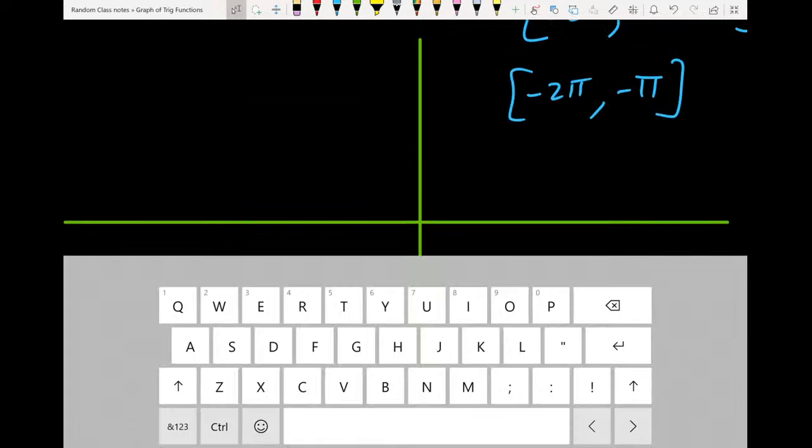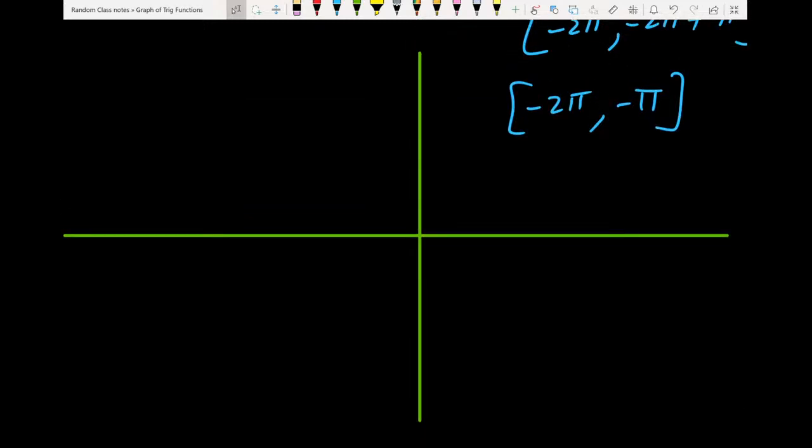Righty then. So it starts at where, guys? Negative 2 pi, ends at. Can you guys find all the midpoints now? Can you guys do that?